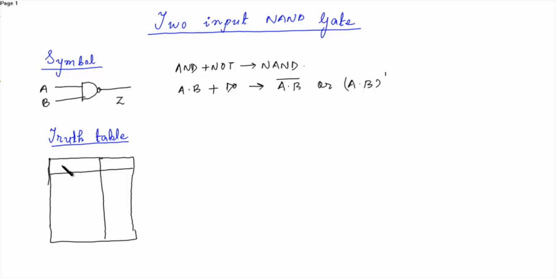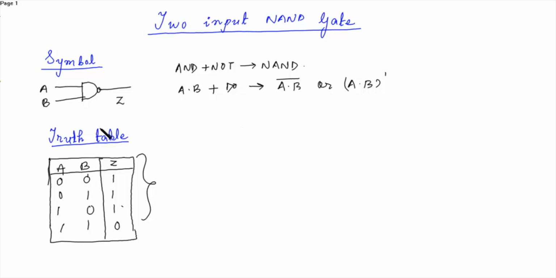Let's say this is the input A, B, and the output Z. Input 0 0, output is 1. Input 0 1, output is 1. Input 1 0, output is 1. Input 1 1, output is 0. Now how you obtain this you will see later on.